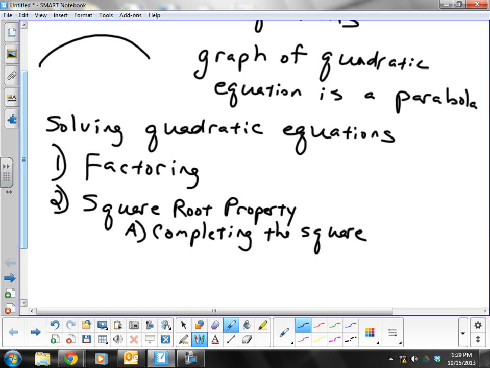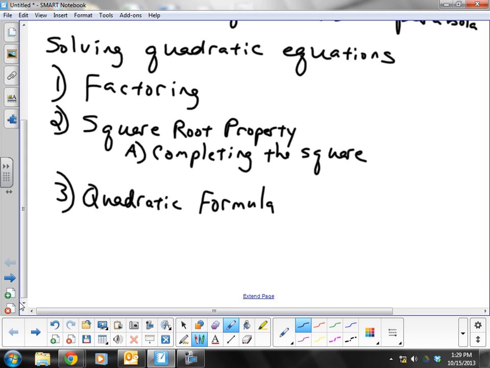Okay? And then the last way that we talked about, or that you saw back in Algebra 2, was the quadratic formula. The quadratic formula is that the x values that are the solutions to this equation are equal to the opposite of b plus or minus the square root of b squared minus 4ac over 2a.